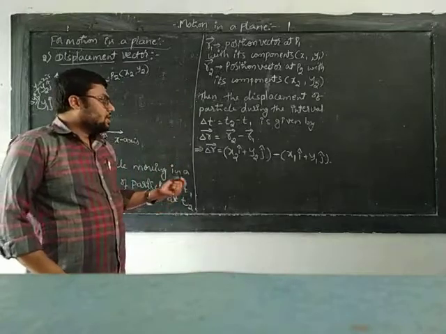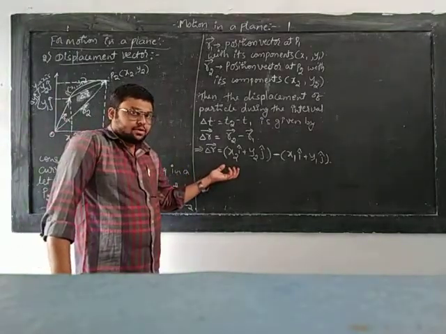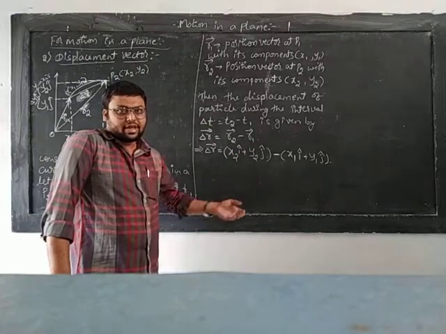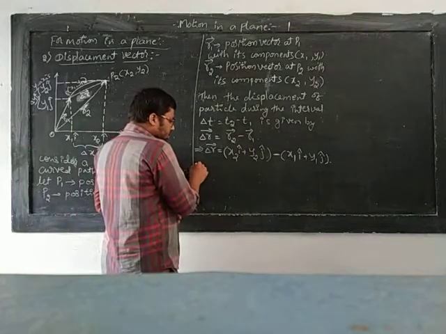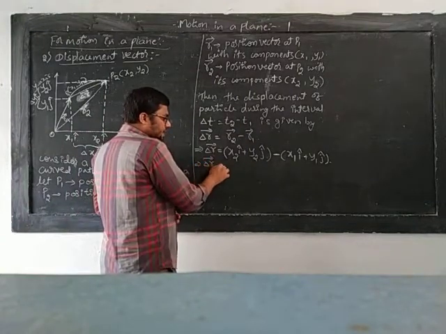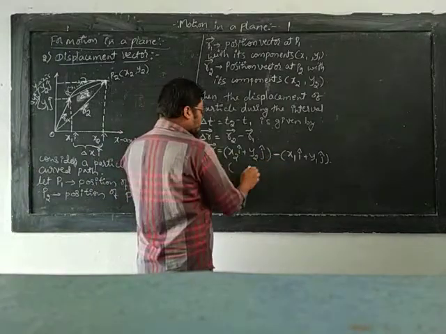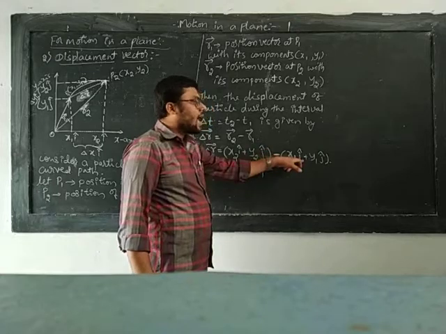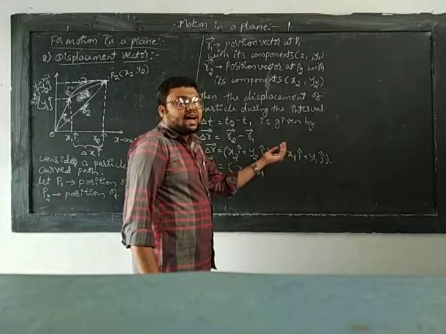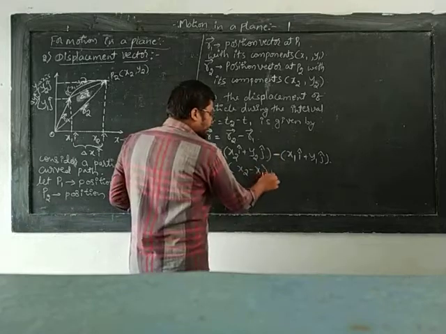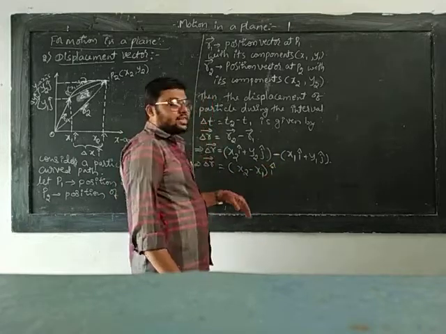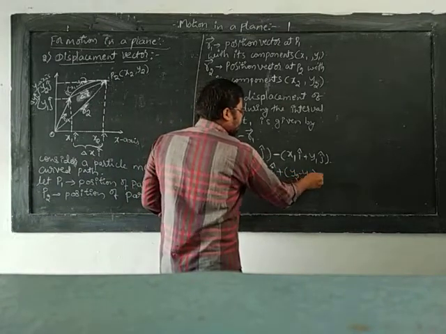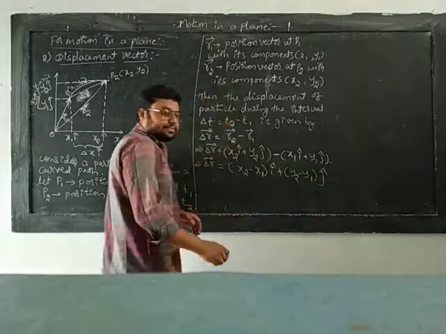Just arrange the components of i on one side and the components of j on the other side. So delta r vector is equal to x2 i cap minus x1 i cap. We have an i cap on both terms, so I'll take it as common: x2 minus x1 times i cap plus y2 minus y1 times j cap.